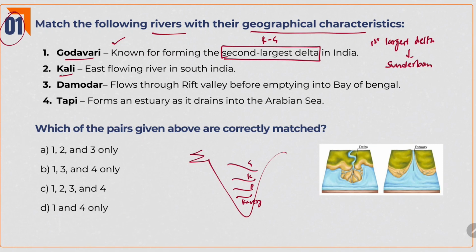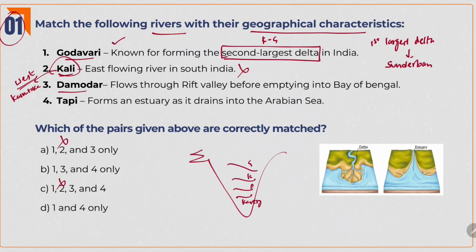No. Actually, this Kali river is a west flowing river in South India. It flows in Karnataka. In environment, we study about Anshi Dandeli Tiger Reserve, right? Actually, Kali river flows through that Tiger Reserve. This Kali is west flowing river, not east flowing. So second option is wrong. If we eliminate 2, option A gone and option C gone.